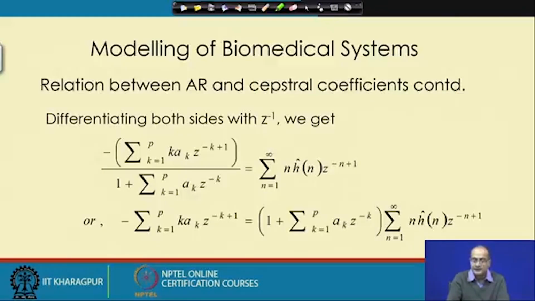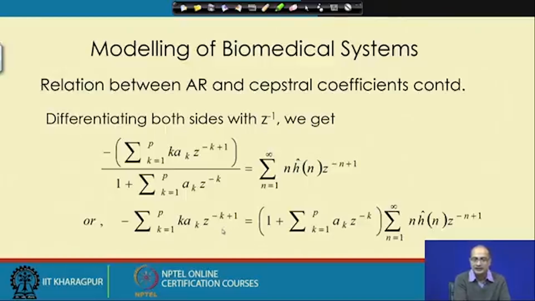So, we get polynomials on both sides, and on the left-hand side we get powers of z starting from z to the power 0 to z to the power 1 minus p.